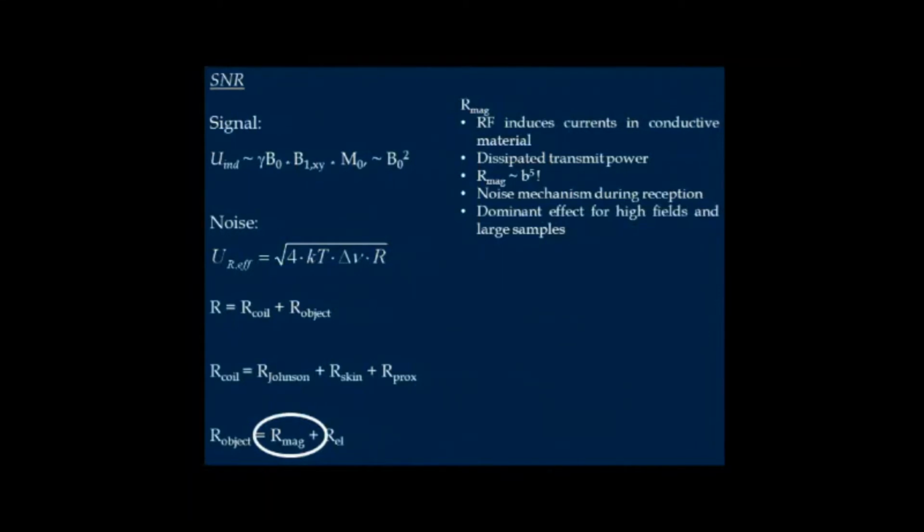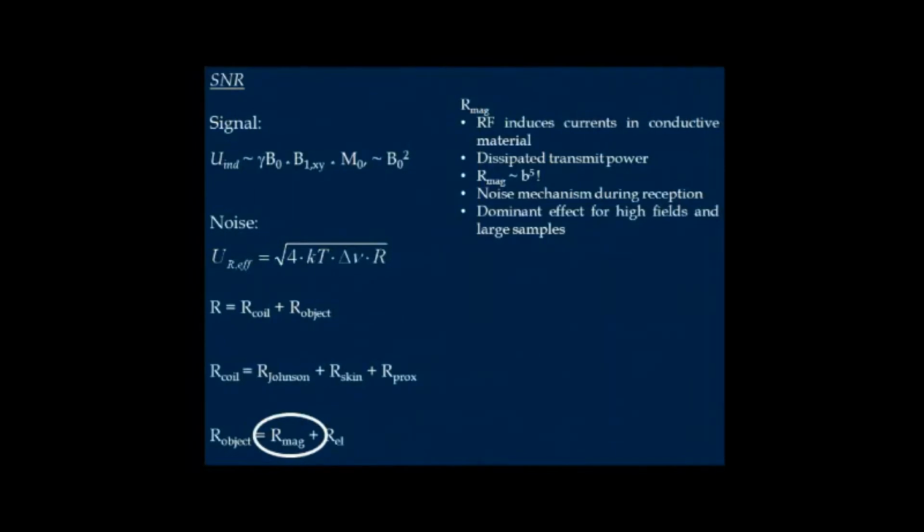And this dissipates power, of course, and while receiving induces noise again. It is the dominant effect for high fields and large samples, and it heavily relies on the so-called filling factor, meaning how much of the sensitive volume of your coil sees the sample, right?